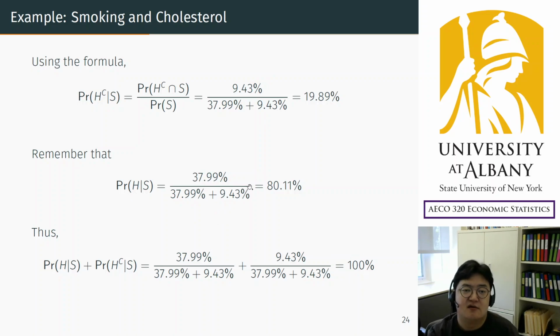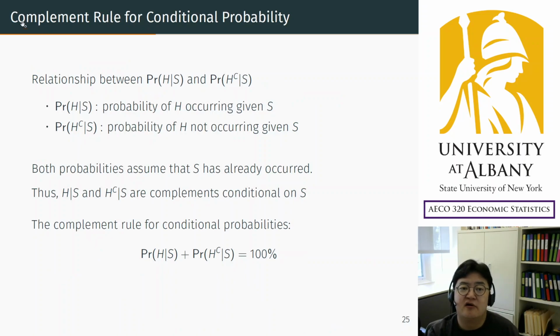This is just the complement rule for conditional probabilities. It is obvious because it's a matter of the denominator, how much pool you have in mind when you calculate the probability. Once you set the pool, define the denominator, then it's whether it happened or not. So the sum should always be 100%.